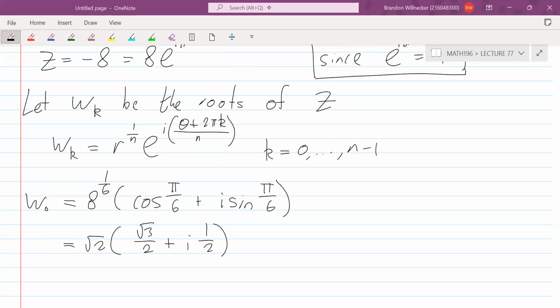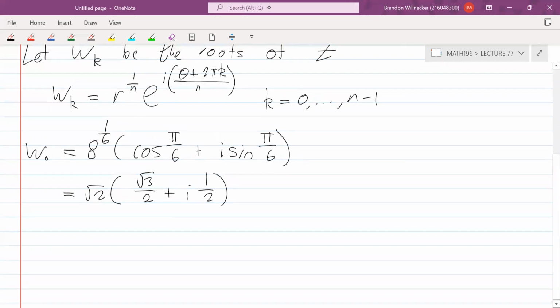Now we just need to find w_1 up to w_5. So w_1, that's going to be 8^(1/6) times cos of, now k is 1, so we need to add one multiple of 2π.